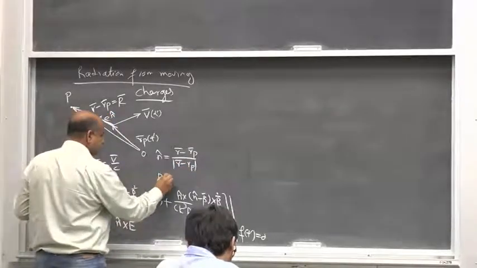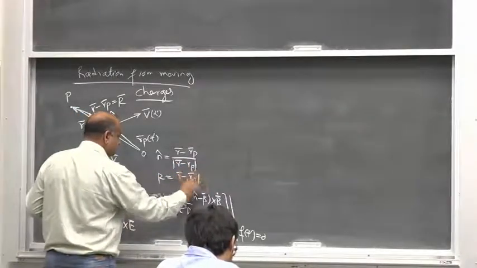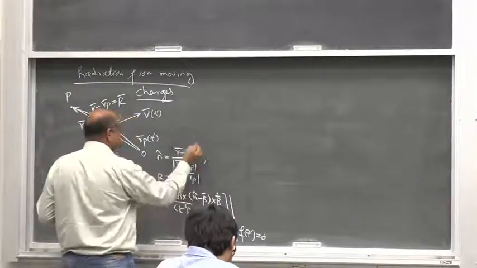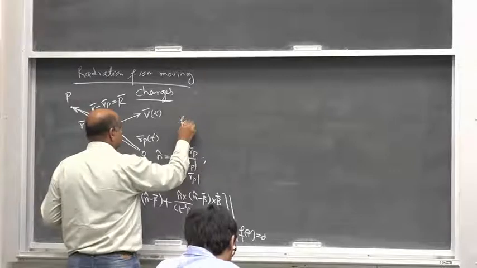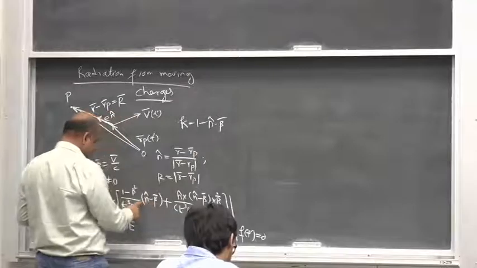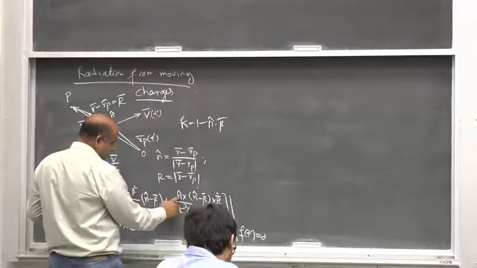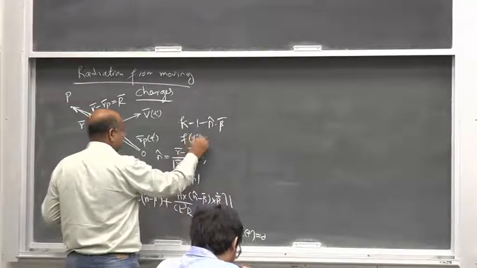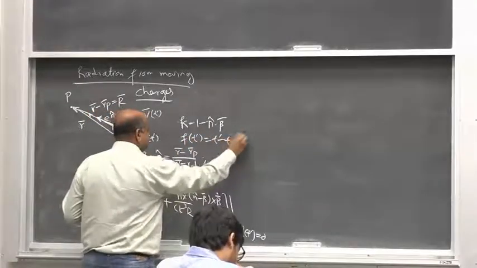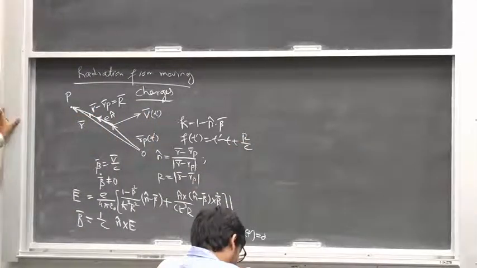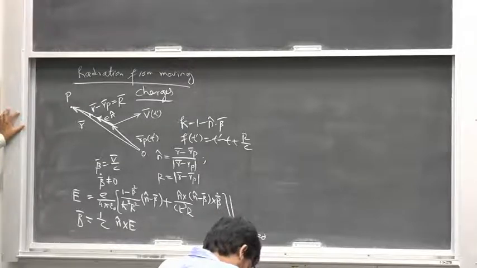R is this, kappa is 1 minus n hat dot beta, and f of t is t prime minus t plus r. This is what we had last time.